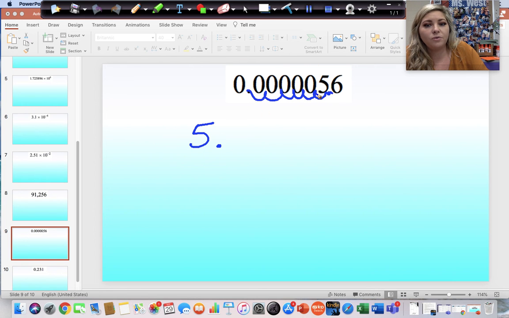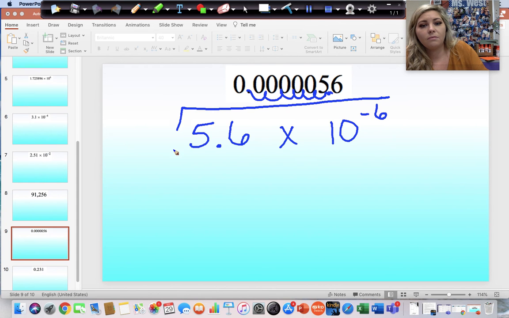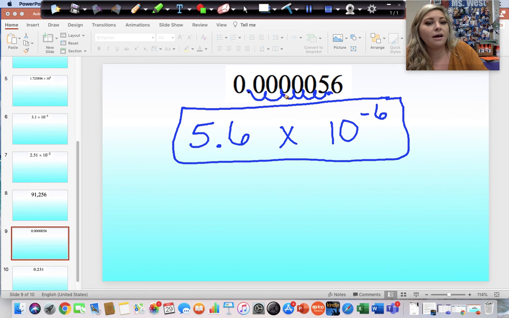We want to make sure that it is a whole number greater than 0 to the left of the decimal. And we moved this 1, 2, 3, 4, 5, 6. So times 10 to the negative 6th power. And again, it's a negative 6 because it was a small number to start with. That helps us remember that.